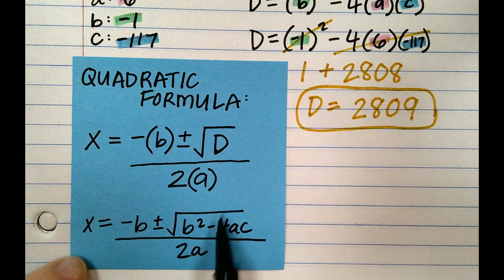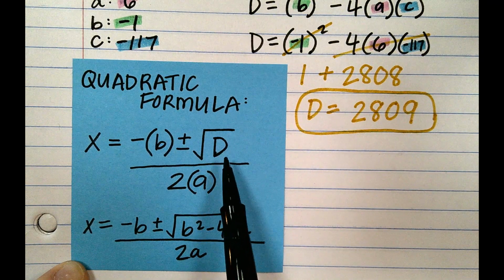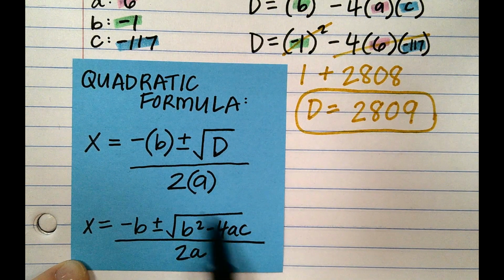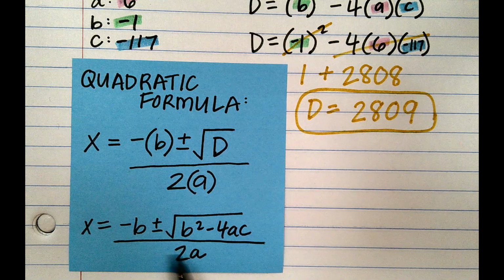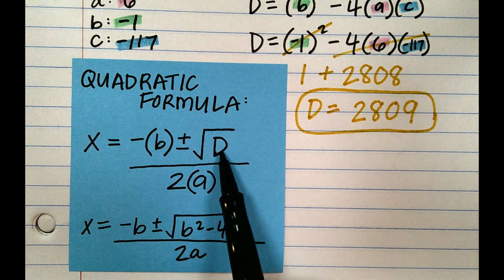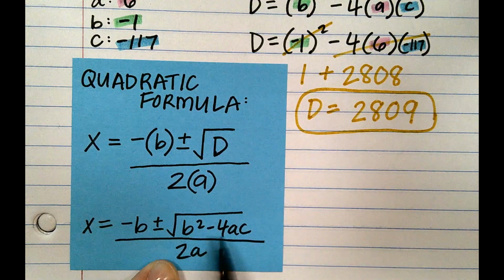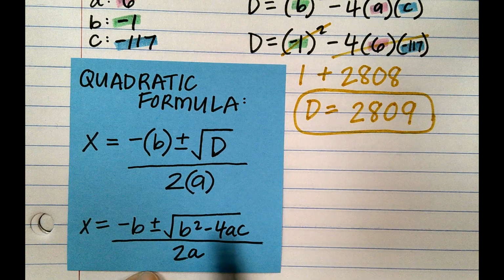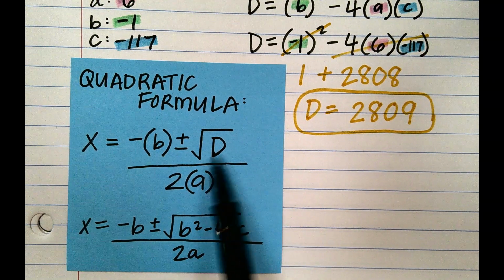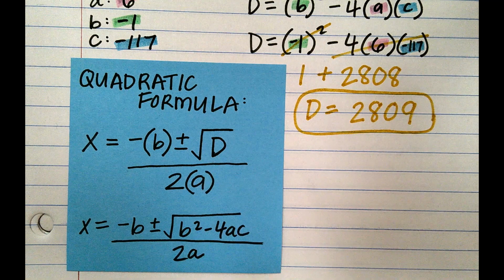You see now why I like to teach the discriminant first, because then you're not doing 20 million steps at once. You can do the discriminant and then just plug that in, because the discriminant is b squared minus 4ac. So why not just write discriminant? Makes it a little bit less complex and scary looking.